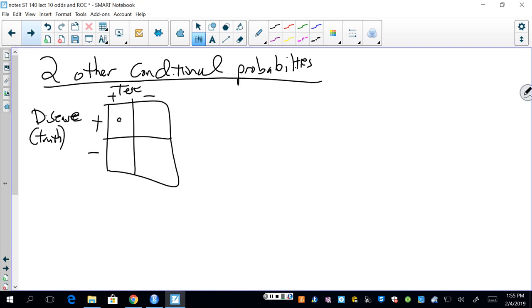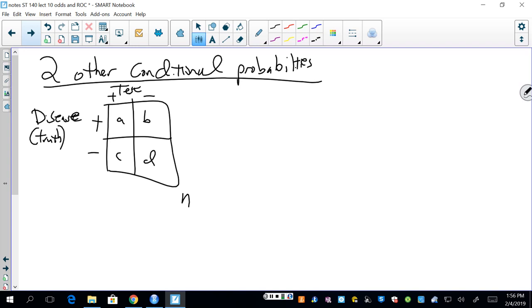You could imagine having the counts of the number of people in each of these cells. One thing that gets reported to summarize how well the test does is, among the people who really have the disease, in that row, what's the chance that they actually test positive? Because you had a bunch of people that were clinically diagnosed, and you want to test them. You want the test to be almost certain to say yes, they have that disease.